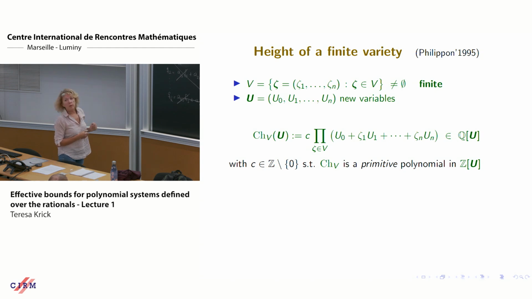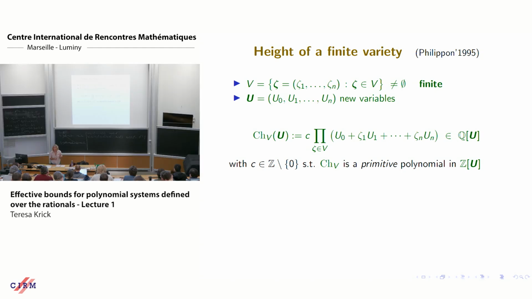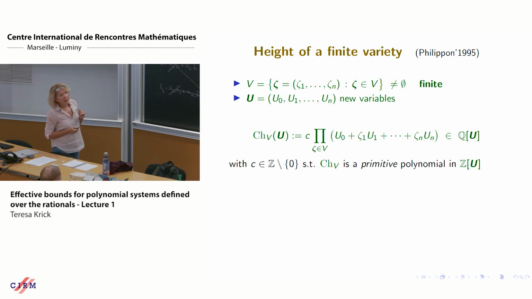This is what I will call the Chow form of V. So the primitive Chow form of V is a polynomial in Z of u which characterizes when the hyperplane meets the variety. And Philippon defined the height of the variety through this polynomial.